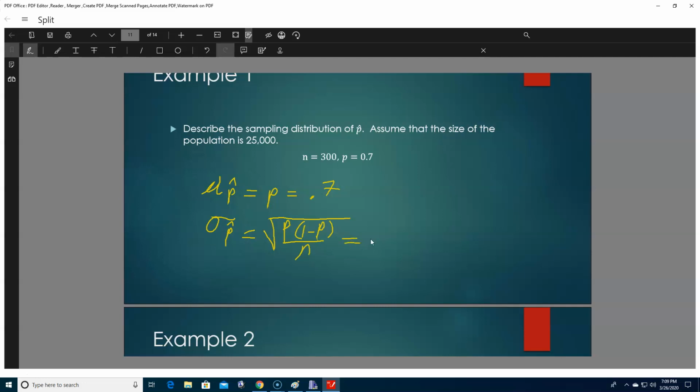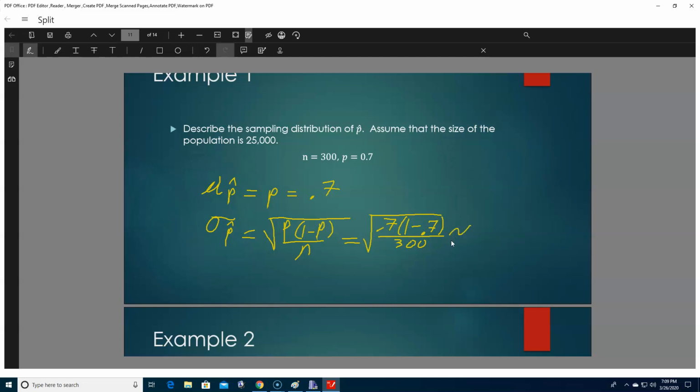When I replace those letters with their values, we'll get 0.7 times 1 minus 0.7 divided by 300. So that's what we have to plug in that calculator to get our standard deviation.